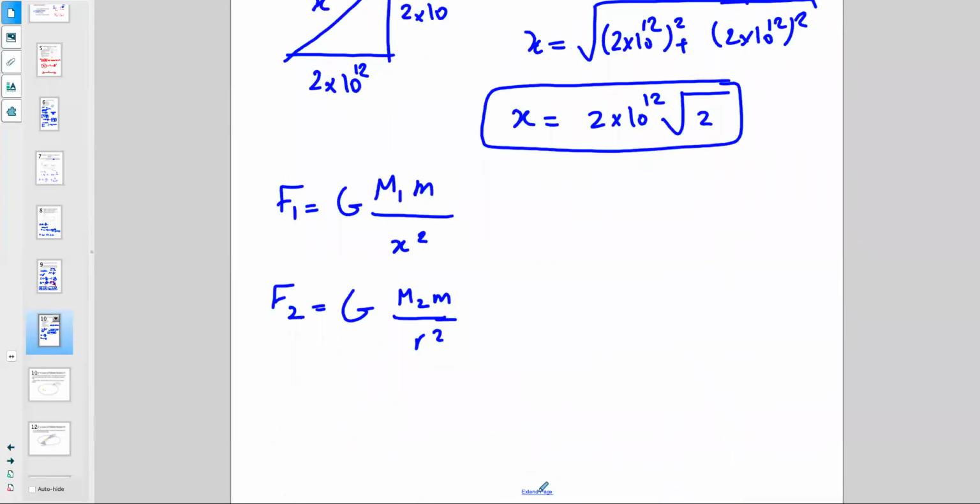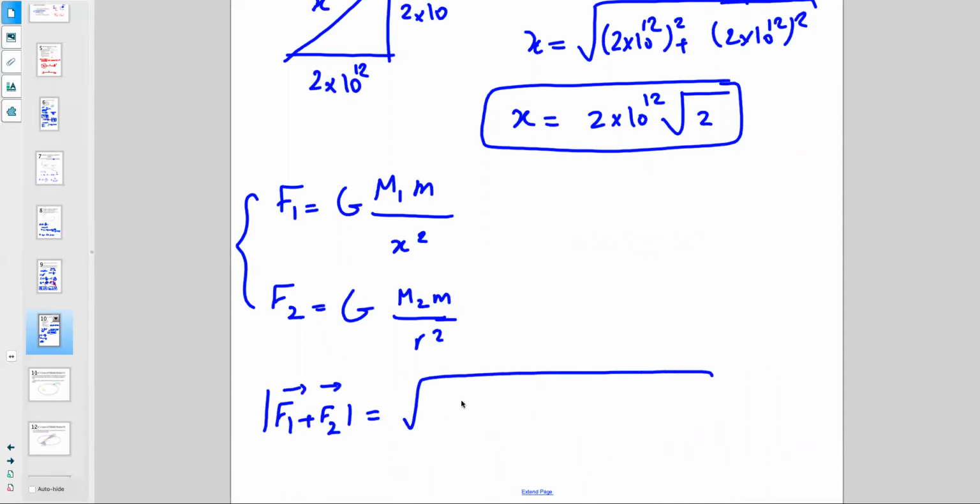And once you do that, you have F1 and F2, then the sum of those, F1 plus F2, is F1 squared plus F2 squared plus 2 F1 F2 cosine of theta, or cosine of the angle between them.